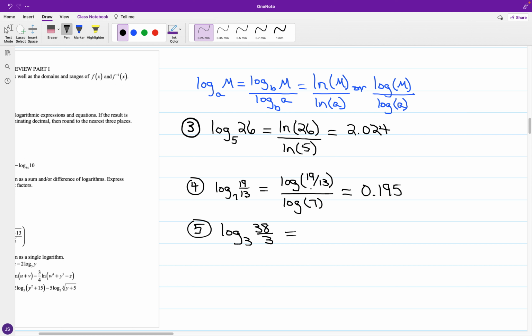Again, you can apply base 10 or natural logarithms, and we'll just go with natural on this one. So we have the natural logarithm of 38/3 all over the natural logarithm of 3. And to the nearest 3 decimal places, we're going to end up at 2.311.